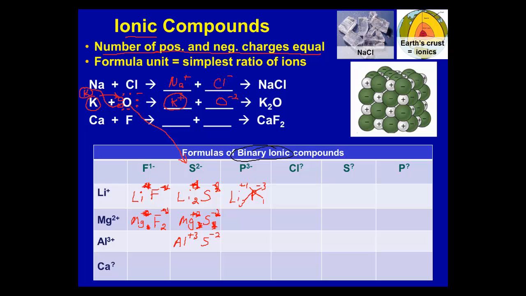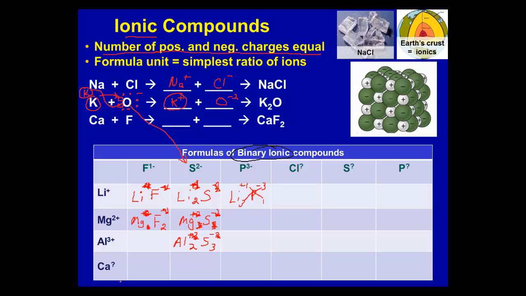So you don't have the same number of pluses as minuses. So you have to think to yourself, how many sets of +3 do I need to equal out how many sets of -2? And if you aim for 6, you'd say, I need 2 sets of +3 and 3 sets of -2. Or you can just crisscross applesauce cookies in the middle and put a 2 there and a 3 there. And then scribble this out, scribble that out, and you're good.